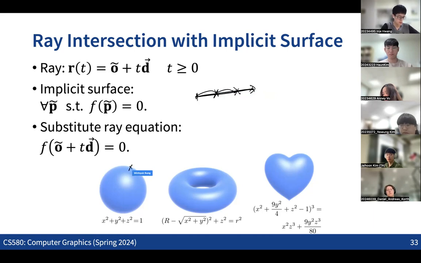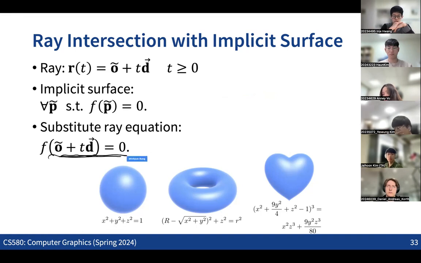If the function has a positive value, which means the point is outside of the object, then we can go one step further. We repeat this process until the value becomes 0. This is the simple idea of how we can find the intersection point between the ray and implicit surfaces.